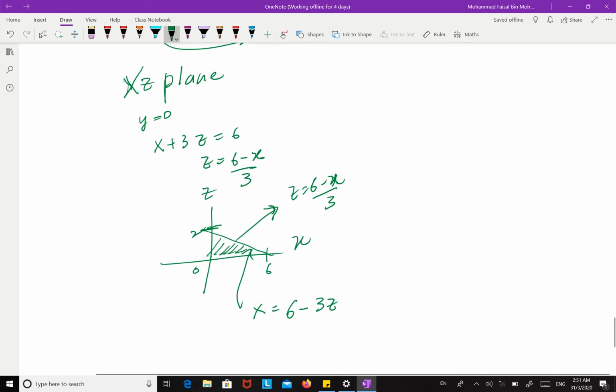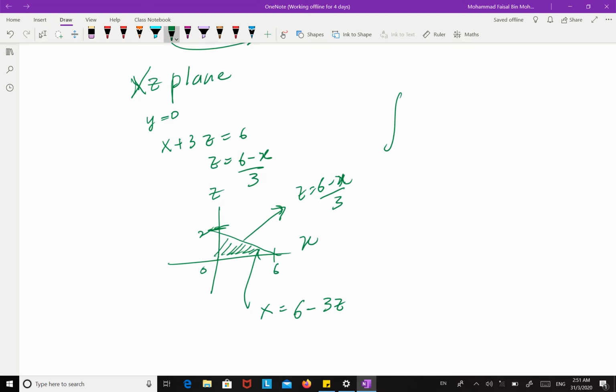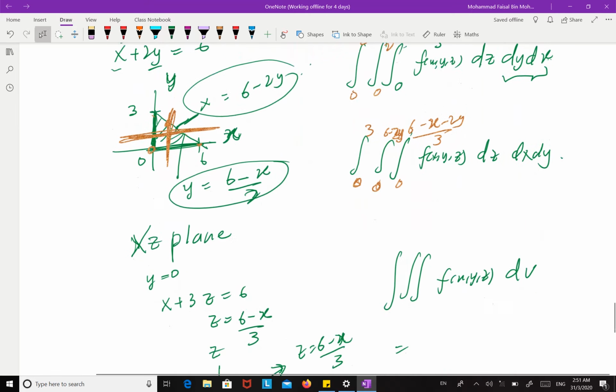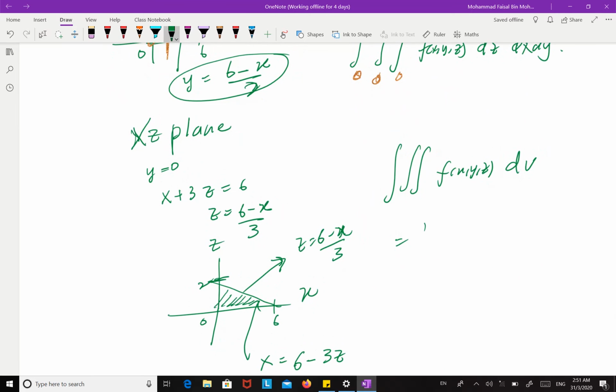Okay, so again, the question is asked in six different ways. Integration of f(x,y,z) dV. So this is type 2, so inside should be dy, and then dx dz.